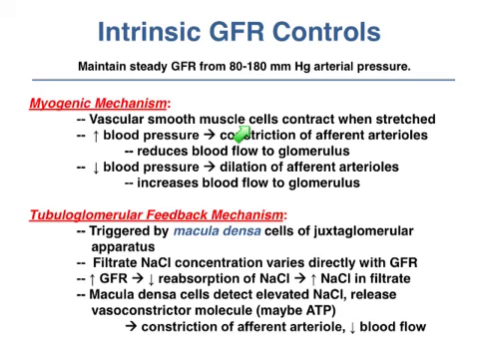Basically, if blood pressure goes up, then pressure in the afferent arteriole goes up, and that triggers a reflexive constriction of the afferent arterioles. Now, you may be thinking, well, that's weird. Why are you constricting? Isn't that just going to raise blood pressure in the arteriole?